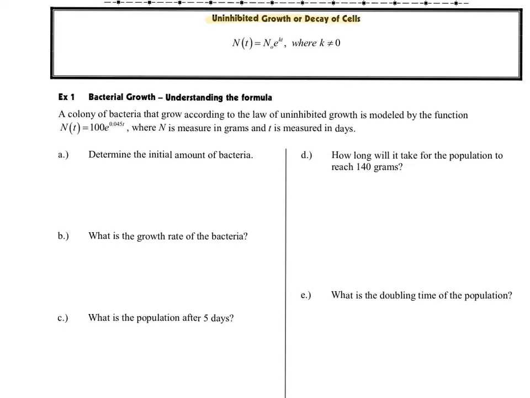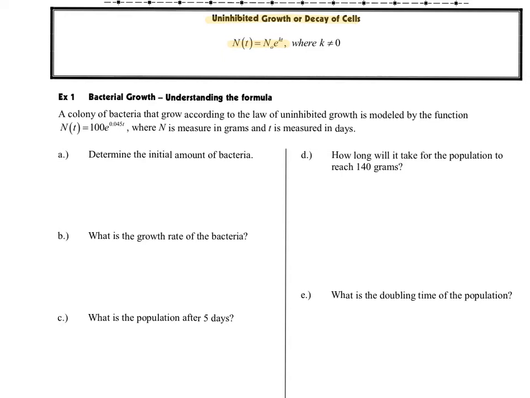And these problems will give you an actual formula that will just follow this pattern. And in that pattern, all you're really expected to do is interpret it and solve for various parts of the formula. So let's first understand really quickly what the different parts mean.